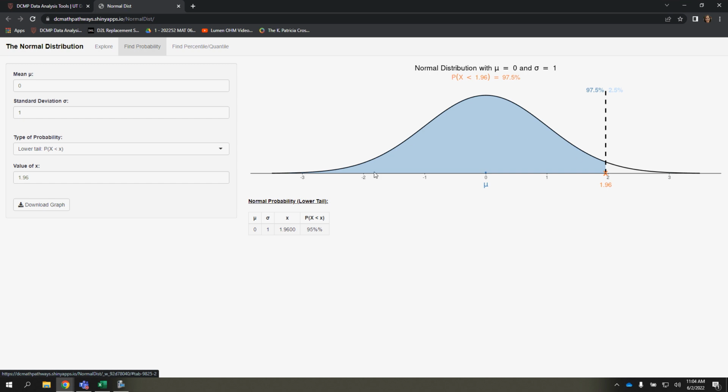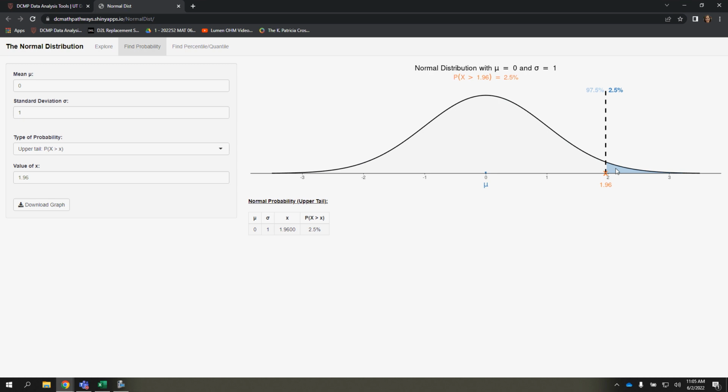The picture also shows you exactly what you're typing in. So if I'm looking for lower tail, you'll notice that the shaded region is darker on the left because lower tail represents to the left. If I want the upper tail, let me switch this around. You'll notice that the darker region is now shaded to the right of that x value. And that's telling us that that's the probability it's giving us.